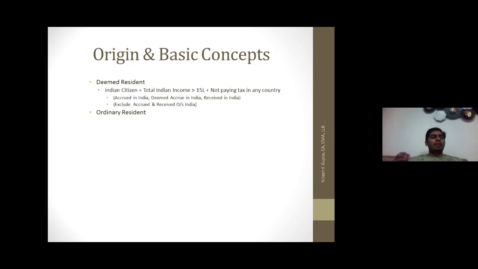If you normally live in India, you are an ordinary resident. You, me, every one of you is resident and ordinary resident, because we ordinarily live in India. But some relative who doesn't live in India, who comes occasionally to India, might be resident if they spend 182 days in India for any reason.